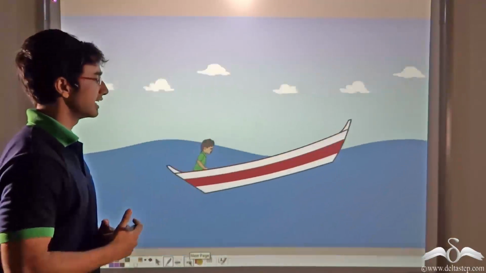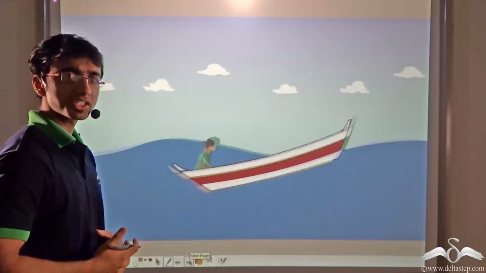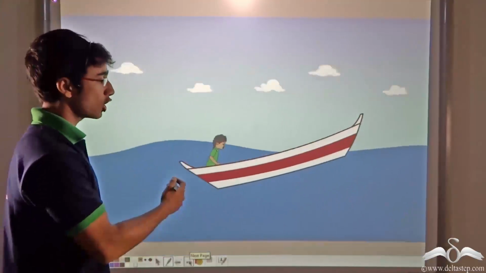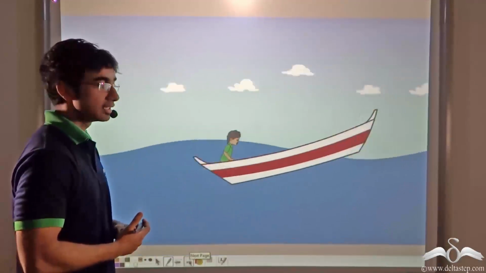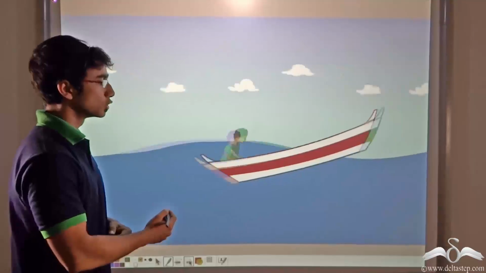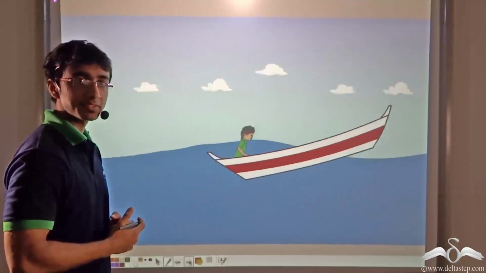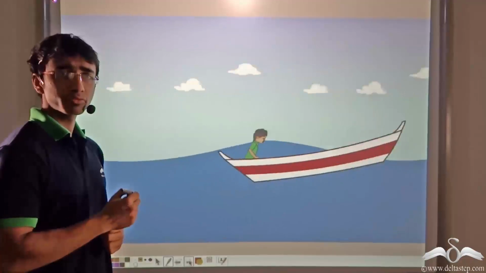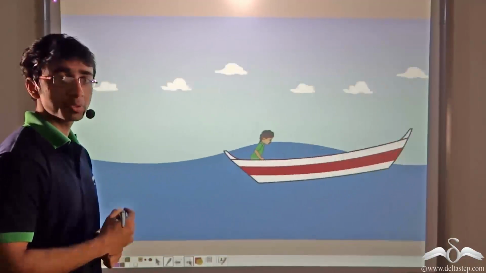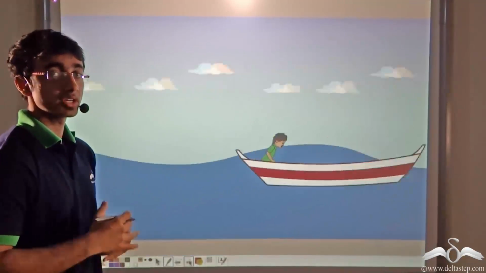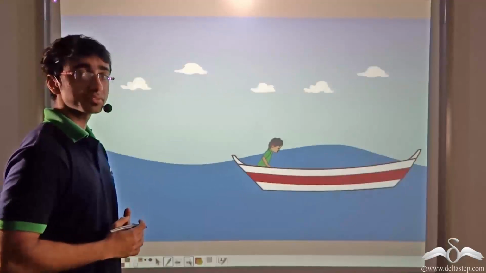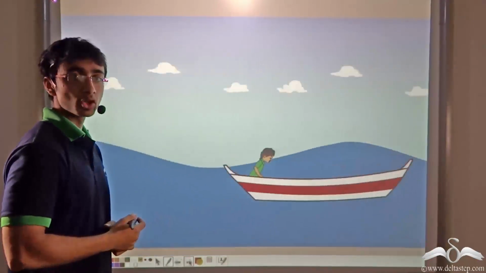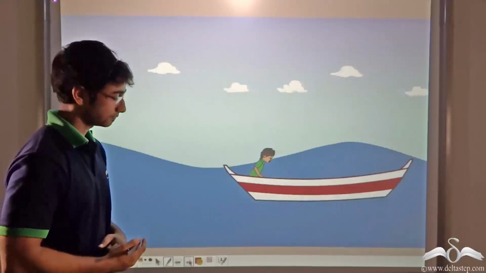Now consider another animation. In this animation you will find that a man in his boat is being rocked by the waves violently. If you observe closely, you will see that the wavelength of these waves is smaller, and as a result the number of waves that are hitting the boat per second is more, or in other words, the frequency of the waves is more, and as a result the boat is being rocked violently up and down.